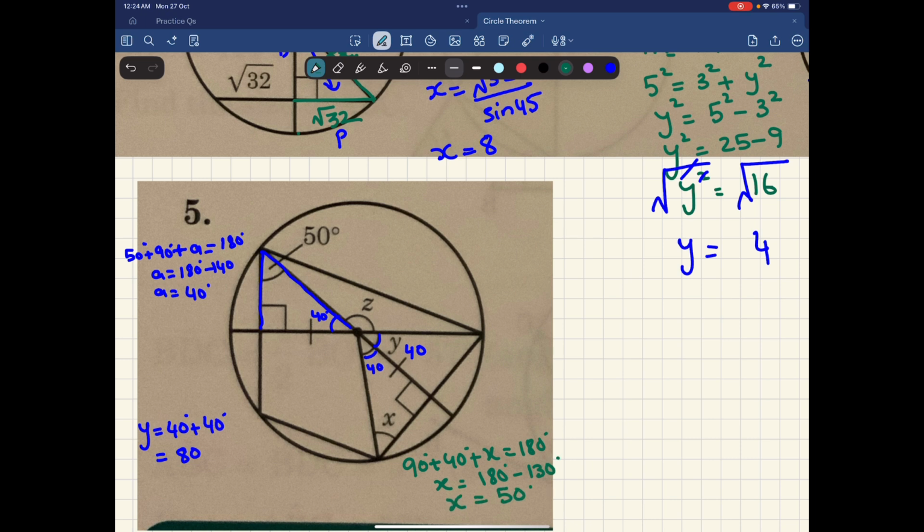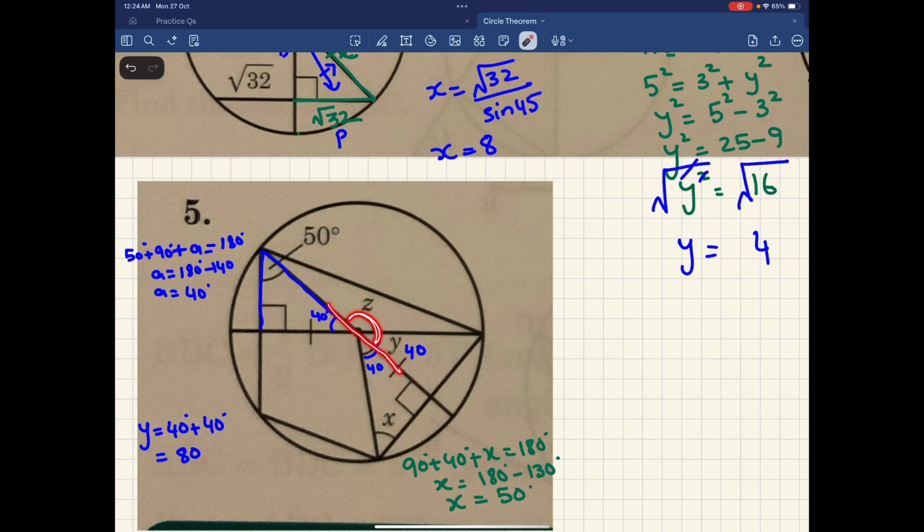Okay, next we have to find angle z. So angles on a straight line add up to 180 degrees, right?